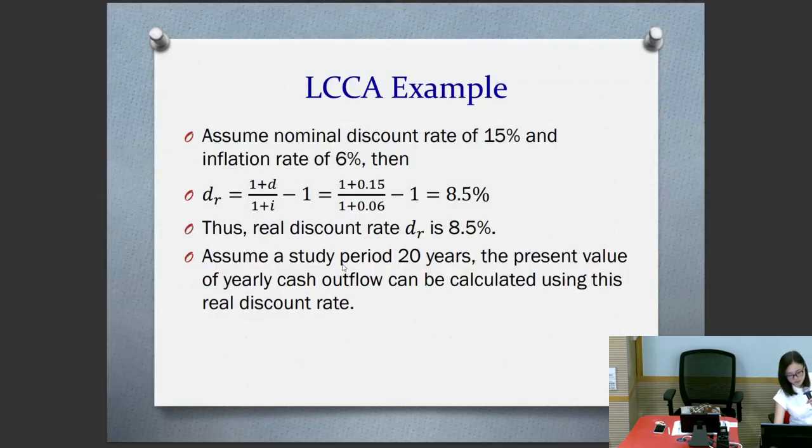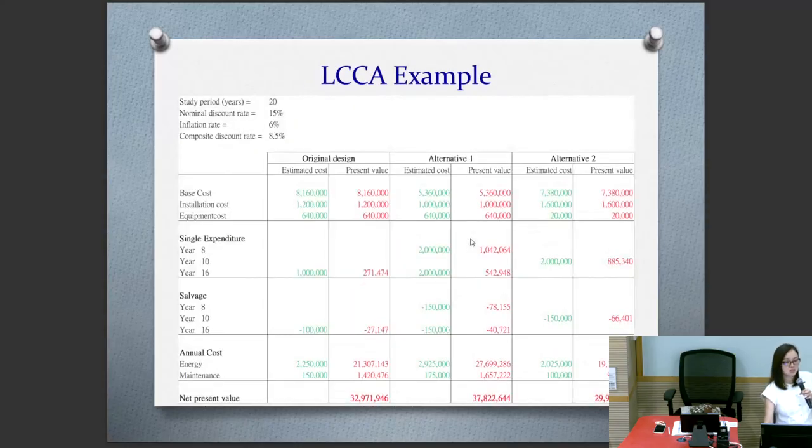So we assume a study period of 20 years. The present value of the yearly cash outflow can be calculated using this real discount rate. We may use the two equations, the one highlighted in yellow and the one highlighted in light blue. For the base cost, these will happen now, year zero, so they are the same.